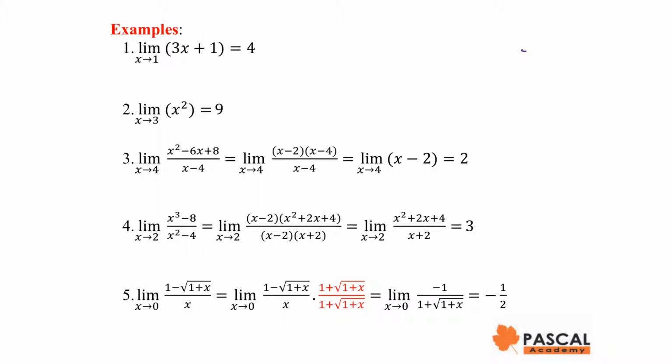Example 3. We know f of x equals (x^2 - 6x + 8) divided by (x - 4), and g of x equals x minus 2 are equal when x is not 4.